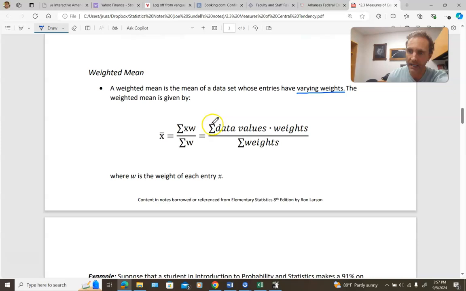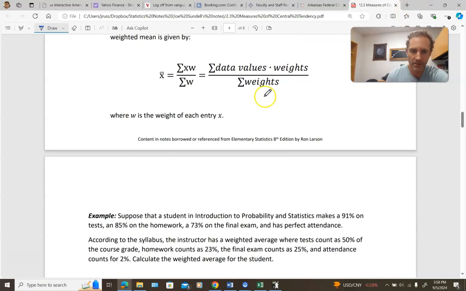And then you'll add that to maybe your quiz average times its corresponding weight. So if you had an average score of 73 on all the quizzes, and the quizzes are also worth 20%, it'd be 73 times 20%. Okay, so you are summing these products. And then you divide by the sum of the weights. And this is where it typically should add up to 100. Okay. All right, so we're going to see an example.